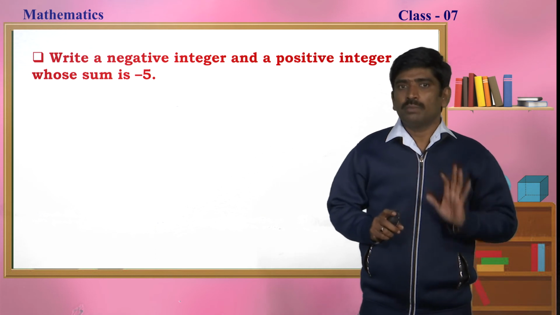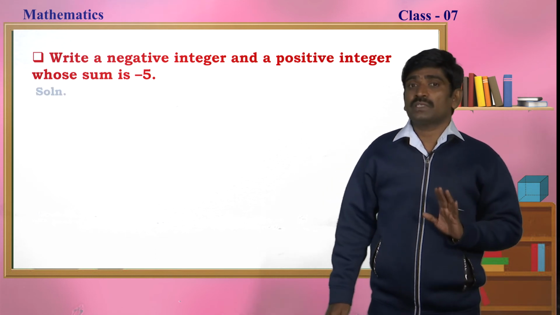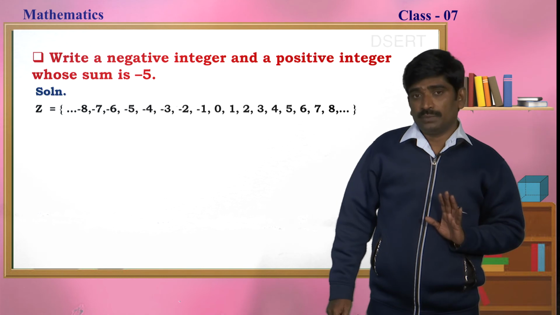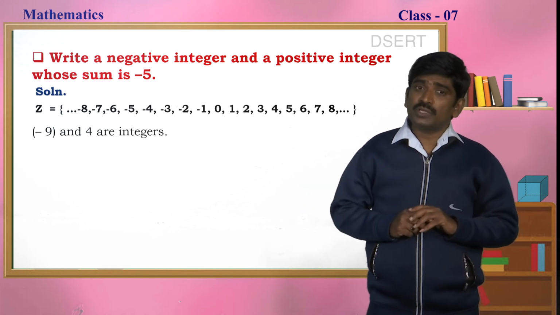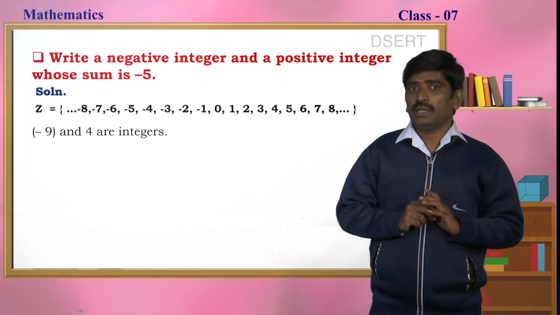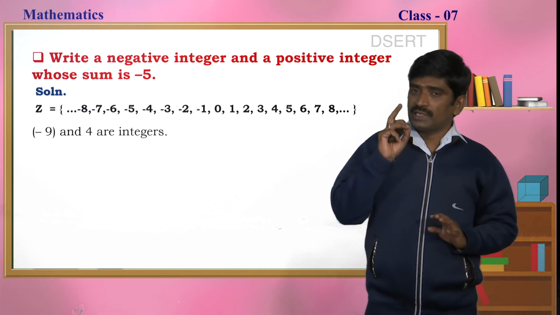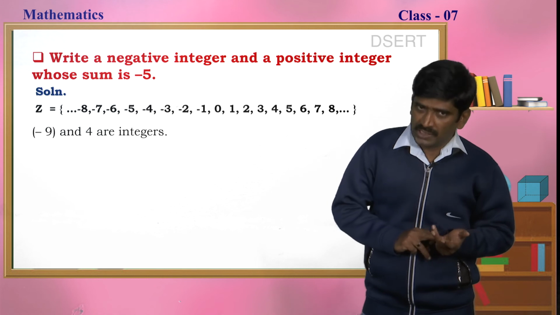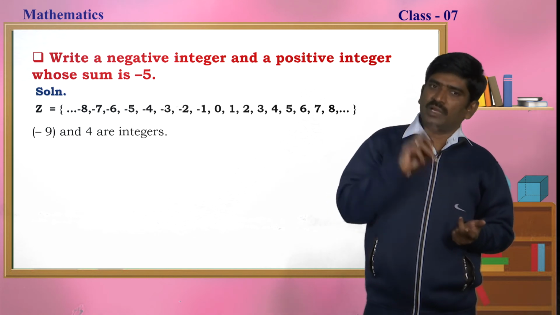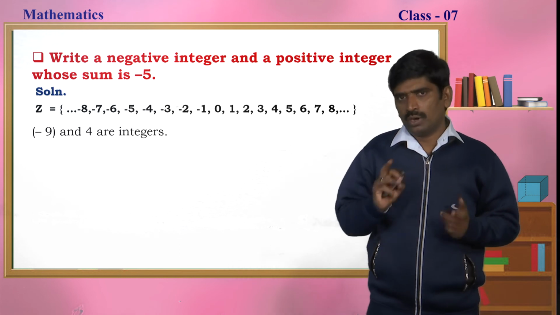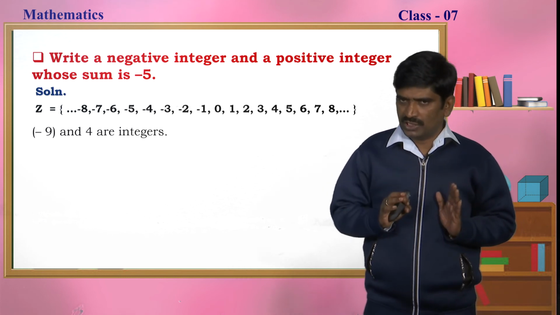Then what is the solution? This is the integer number line, we know. Next, which numbers do we take? Minus 9 and plus 4. Minus 9 is a negative number? Yes. Plus 4 is a positive number? Yes. Therefore, minus 9 and plus 4 are negative and positive integers.